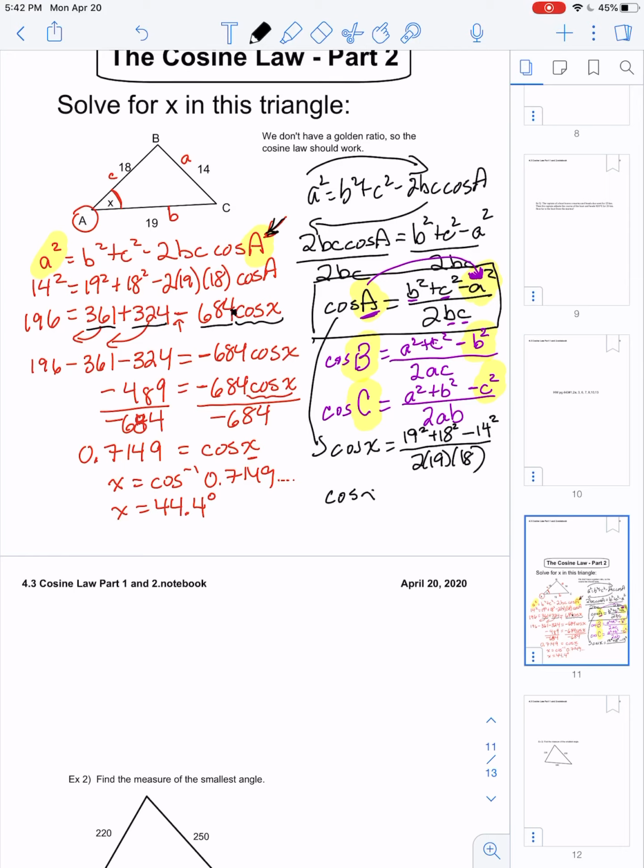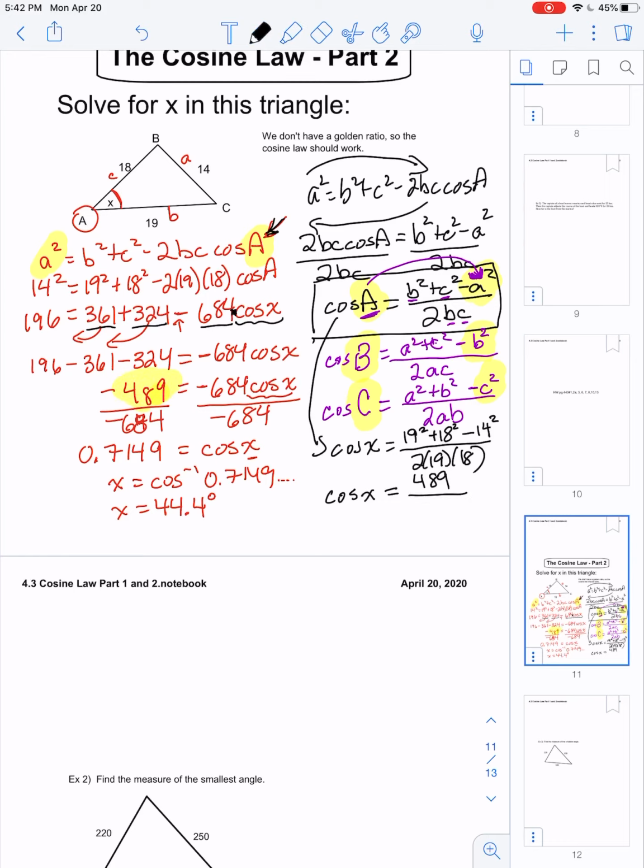Then you get cos of x equals 19 squared plus 18 squared minus 14 squared. Well, look at that, that's 489. Where did we see that before? Oh, we saw something like it right there.